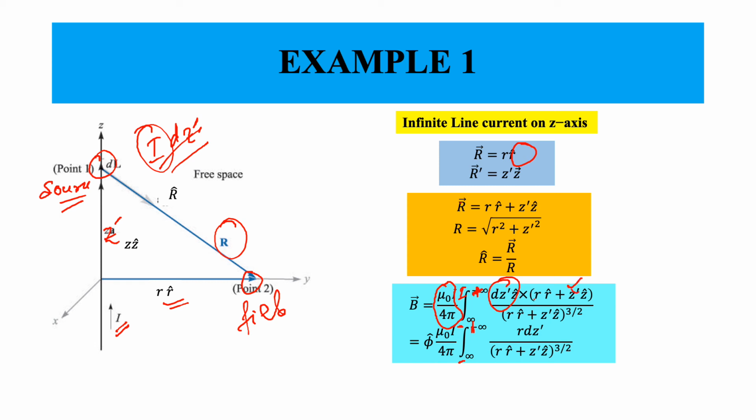The unit vector from source to field is r hat plus z prime z hat divided by r.